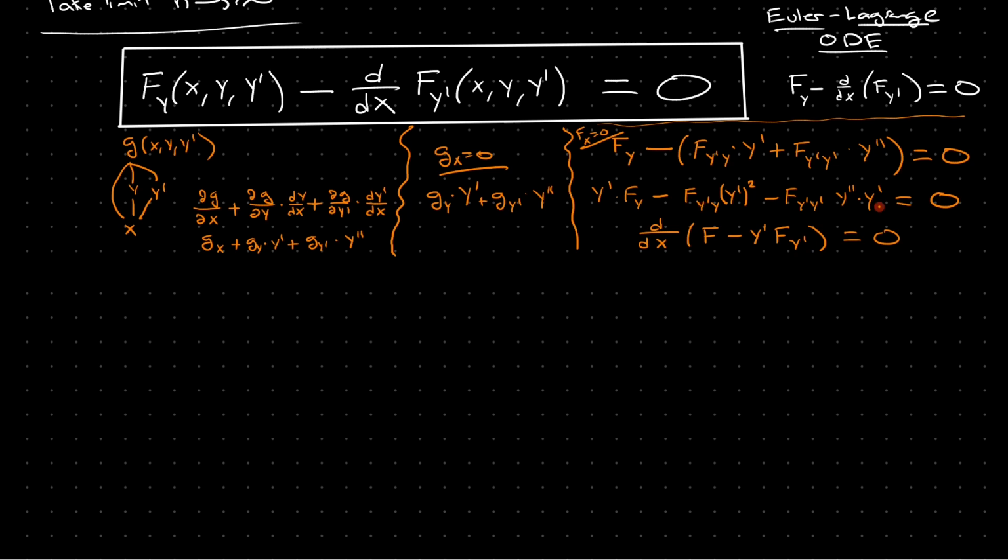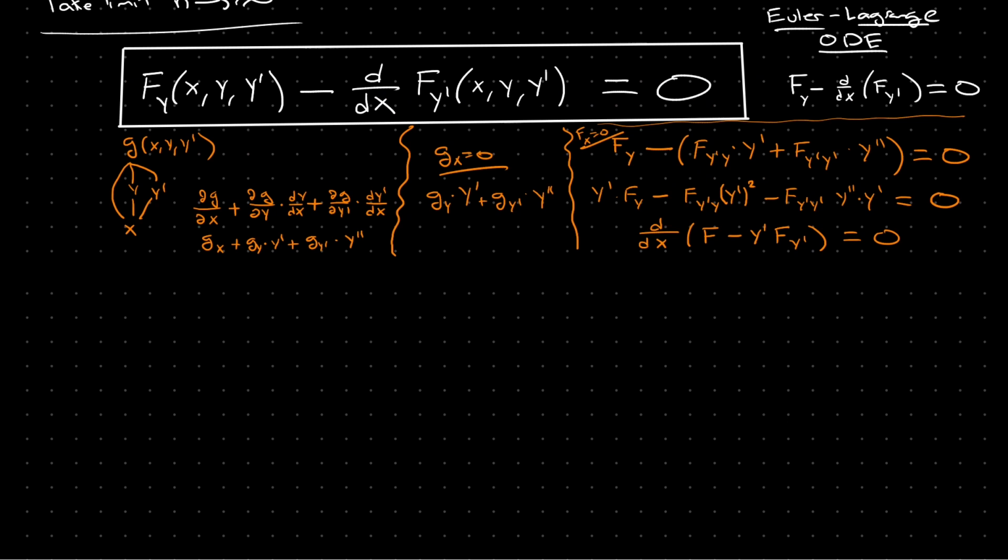And this should look pretty familiar, because it is very similar to what we got using method 1 under the assumption that f_x equals 0. And so this is what the Euler-Lagrange ordinary differential equation reduces to if f_x is 0, or the function f does not depend on x explicitly.